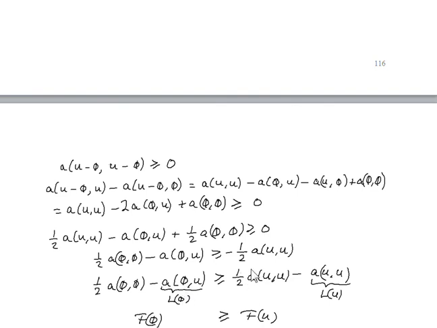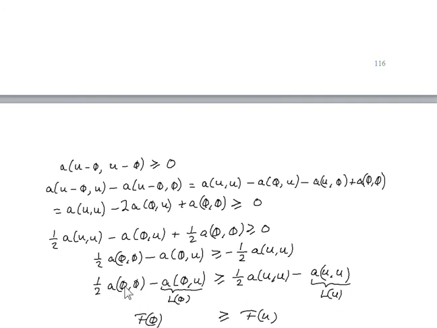In particular, for phi equal to U, A of U must be equal to L of U, and A of phi, U must be equal to L of phi. This is just what we have assumed in double star. But now recall the definition of F of phi.